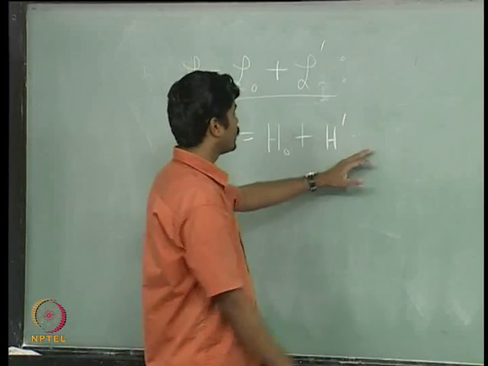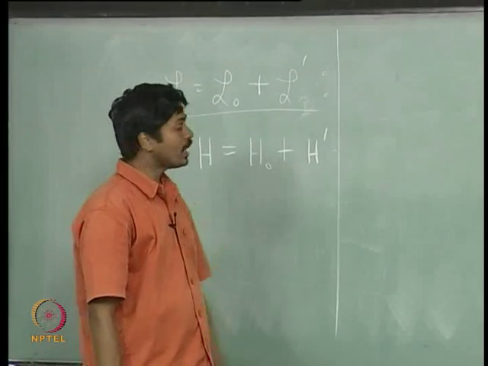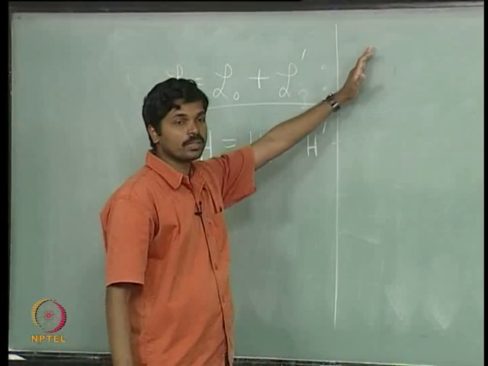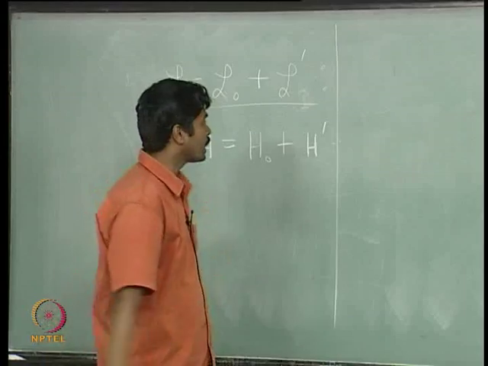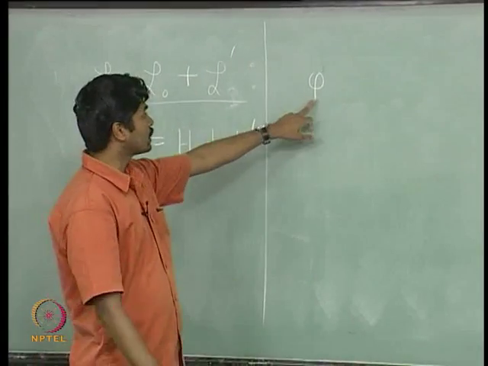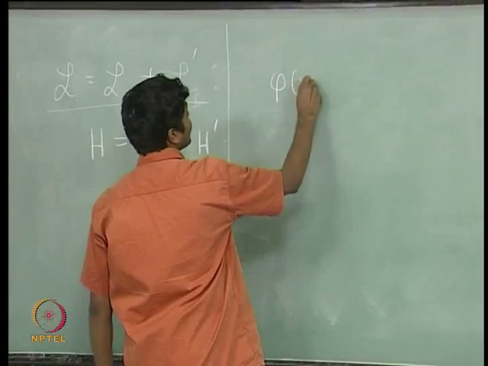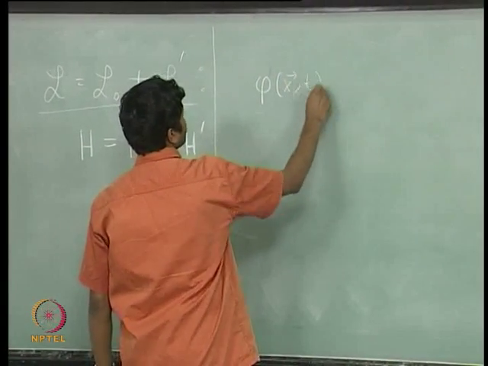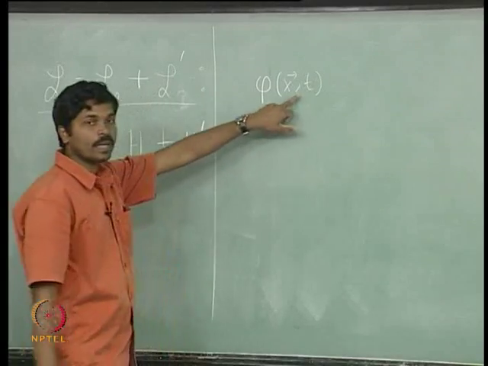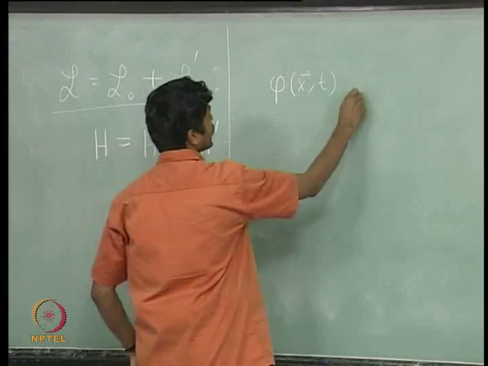Although I have not emphasized so far, what we have been doing in the free field theories until now is we are assuming the observables or the operators to be time dependent. So, in the real and complex scalar field, we have seen that this field phi has the time dependence, whereas the states are time independent.